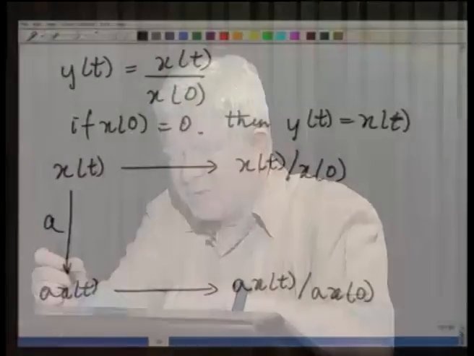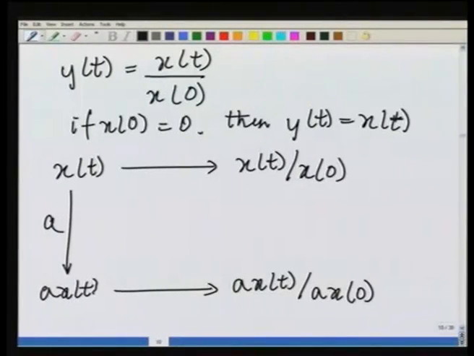I have taken x(t), applied it to the system to get x(t) by x(0). If I scale x(t) by a factor a as I have done on this side, then a x(t) is the input, and when a x(t) is the input, the corresponding output by the definition of the system should be a x(t) by a x(0), which is just equal to x(t) by x(0).